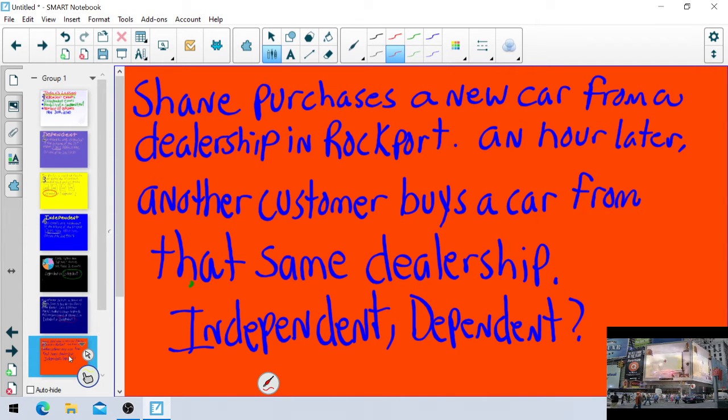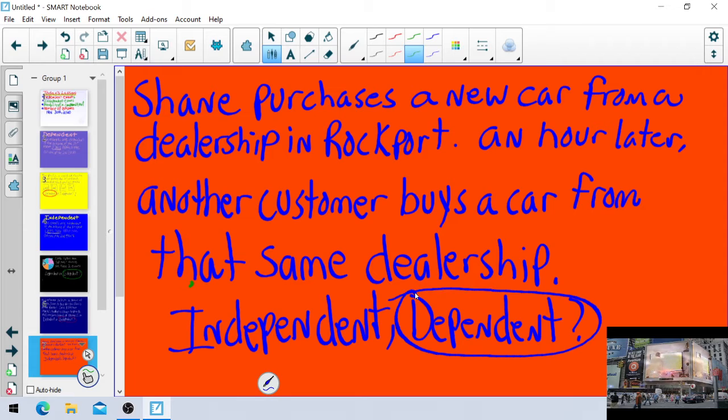So he buys a car at the dealership, and then another customer buys a car. That's going to be dependent because Shane bought a car there, and that guy might want what Shane bought. And he won't be able to get it because Shane bought it. So guess what that answer is? It's going to be dependent. That's right. You get it.